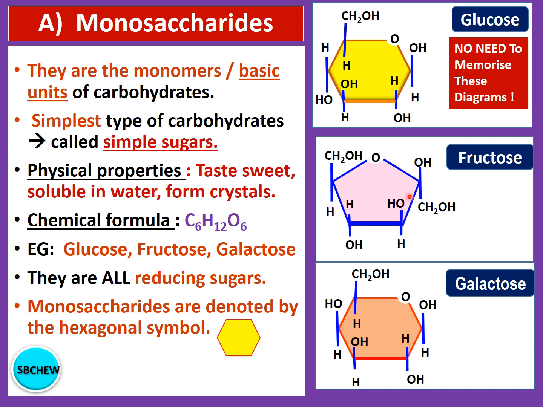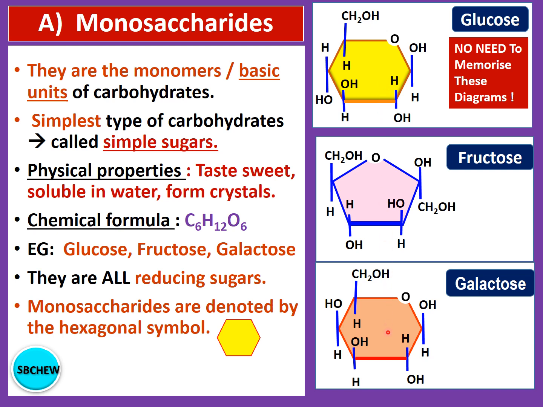So the structure is different from glucose. And then the arrangement of molecules is different. For example, if you compare glucose and galactose, here you have for galactose the OH or hydroxyl group on the top here, and the H is at the bottom. That's the reverse for glucose. H is on top and OH is at the bottom.